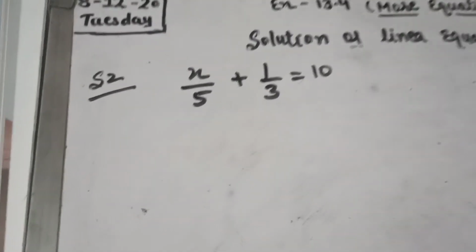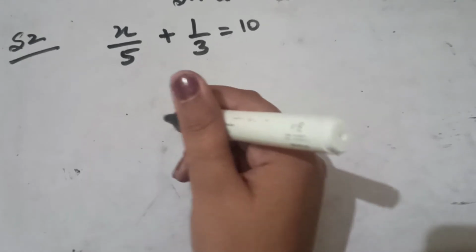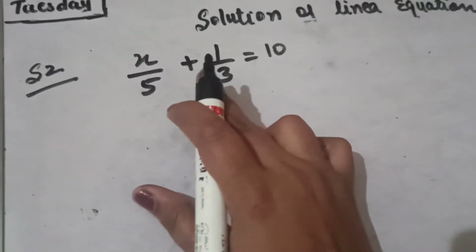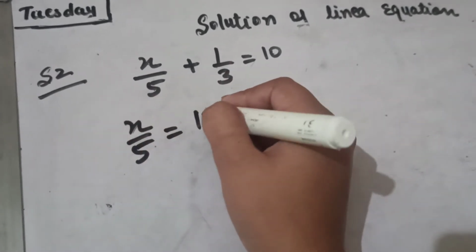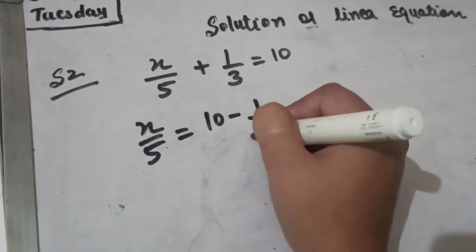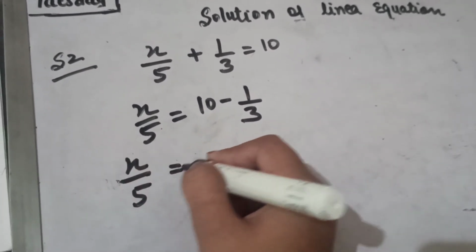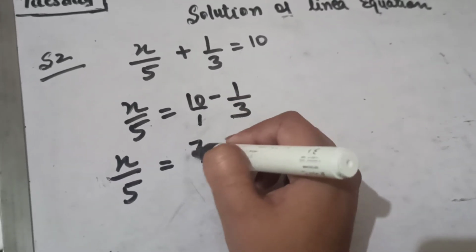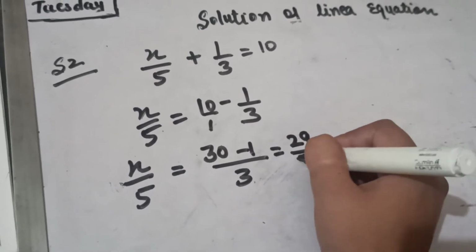For this, either find the LCM of this, because it is not mentioned by which method we will do. So I will take this 1 by 3 to this side: 10 minus 1 by 3, right? x by 5 equals 3, 1, then it becomes 30 minus 1, which is 29 by 3.